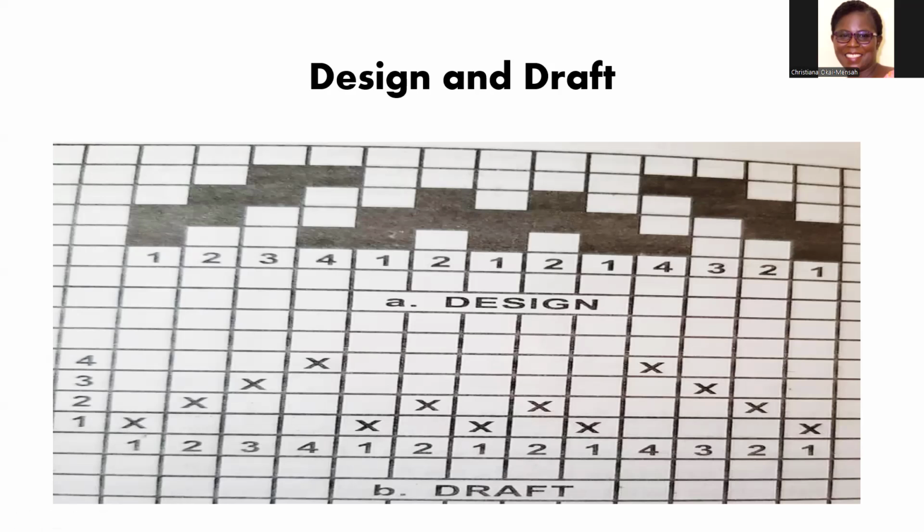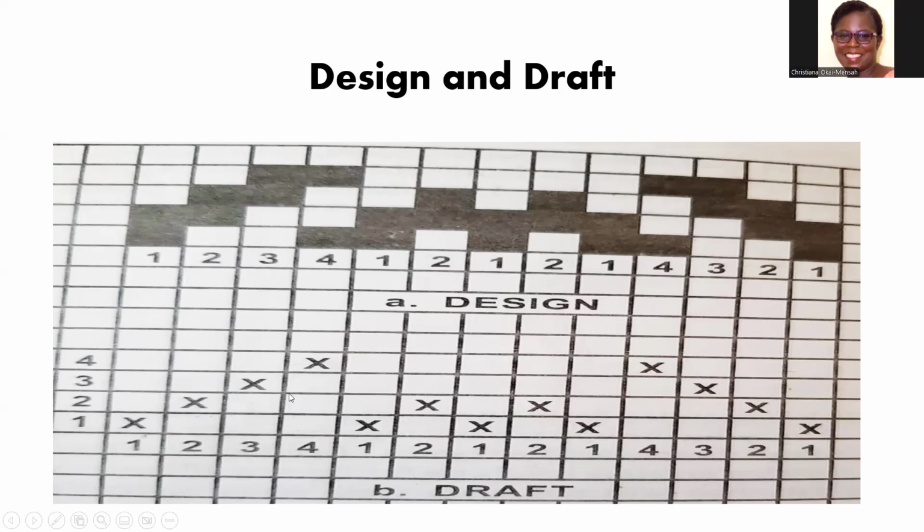So anytime you are doing your draft, it should be under the design. So the shaft here that you have written on this side, you bring it here, you just separate it here so that you can do your draft.